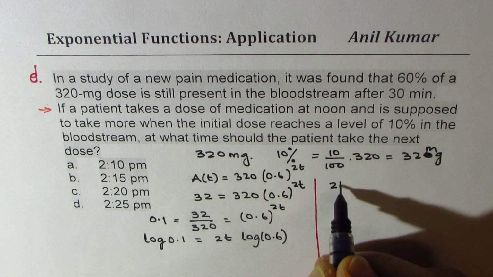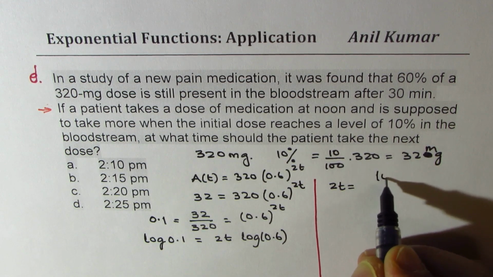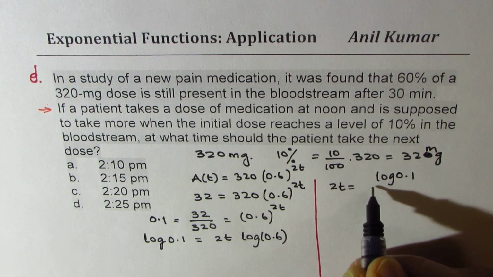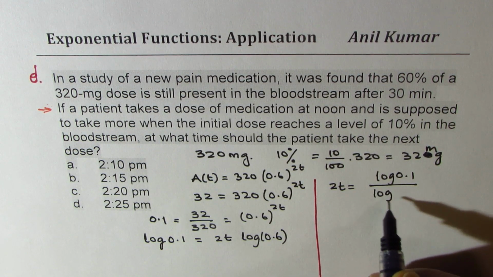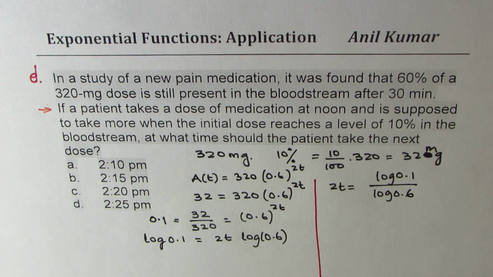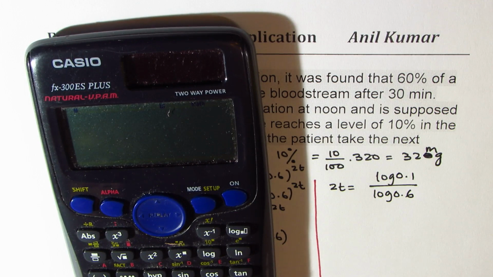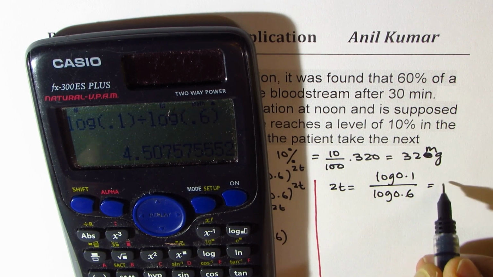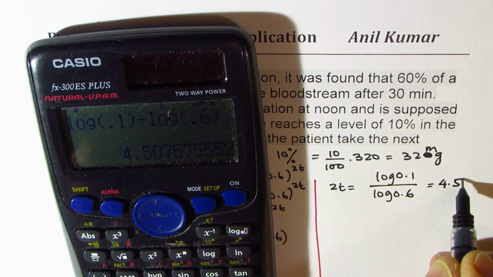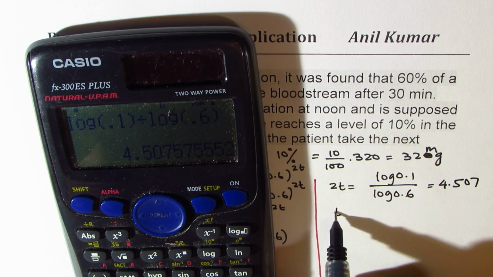So 2t is equal to log of 0.1 divided by log of 0.6. So let's use the calculator to find this time. So it is log of 0.1 divided by log of 0.6. It gives us 4.507.